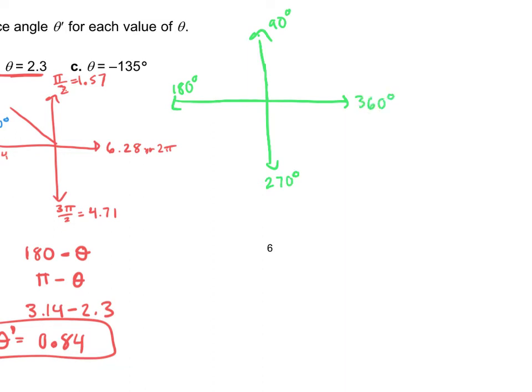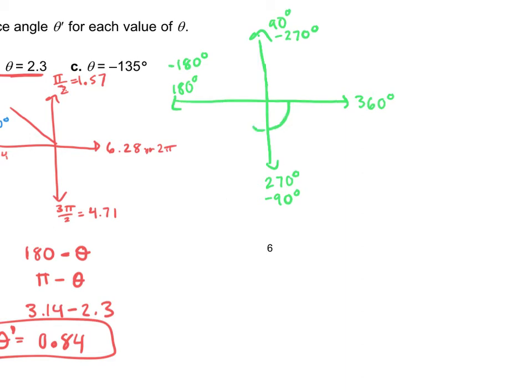Would it be in 2? So we're going backwards now. So we start here. This would be negative 90. This would be negative 180. This would be negative 270. So what do you think it falls into? Oh, okay. 3. Quadrant 3.